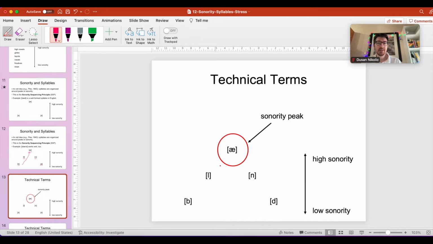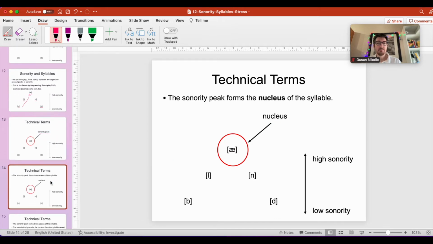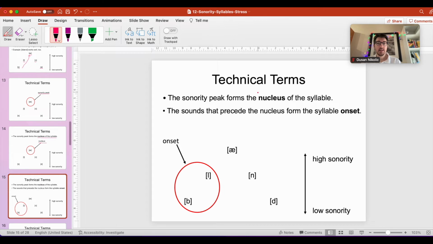Some technical terms that we want to introduce to you are sonority peak. So we call this vowel the sonority peak, or nucleus. The sonority peak is the nucleus of the syllable, right? Then the first two sounds are called the onset.